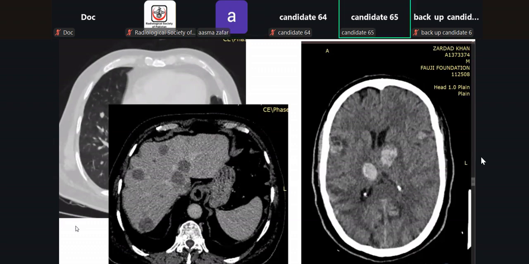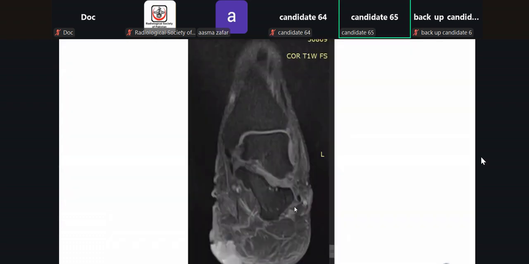Ma'am, most common prostate in males. This brain is plain, this is not post contrast. Ma'am, hemorrhagic mets, yes, they come from CA prostate.